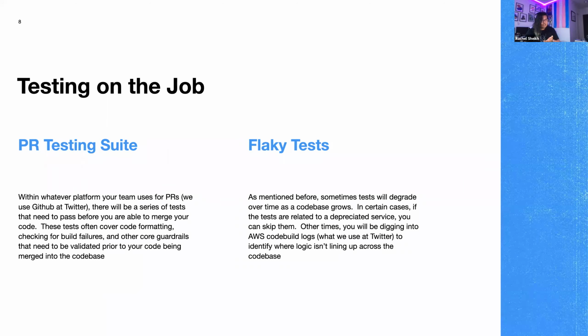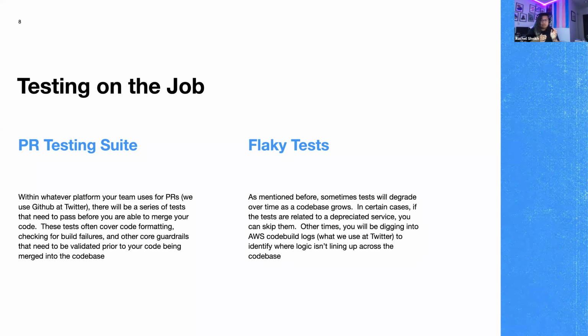And testing on the job. So at Twitter, we use GitHub. And so GitHub allows you to add these different GitHub actions and different elements to your PR testing suite. So a PR testing suite happens outside of the tests you write for your code. It happens when you commit and push your code to GitHub, and all of these different elements execute and actually test your most recent version of your PR.